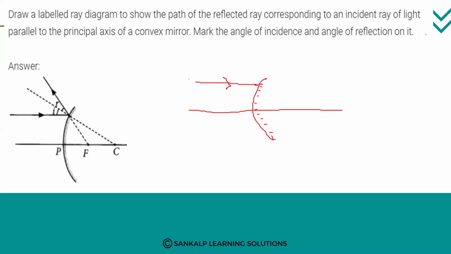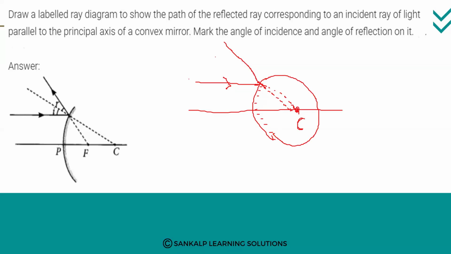When it reaches the convex mirror, what happens after reflection? It goes like this and it appears to meet at this point. This is the center of curvature C. Center of curvature means if I make a full round, this is the center of the sphere.